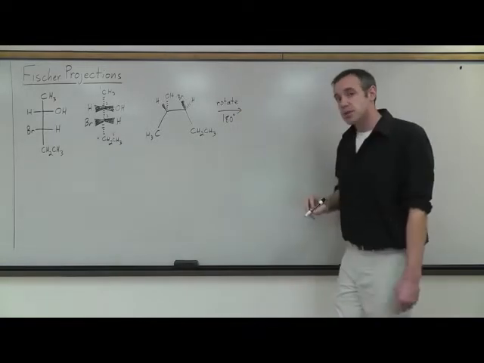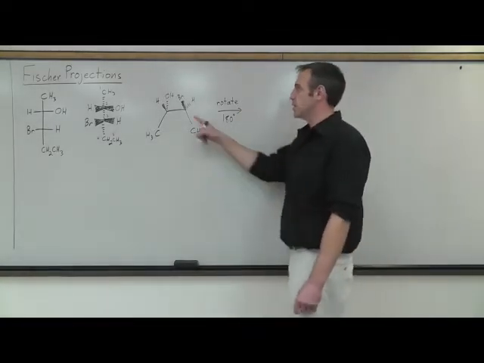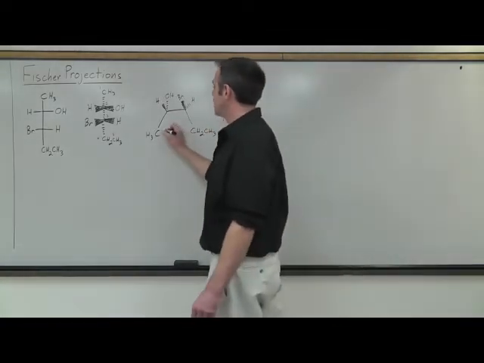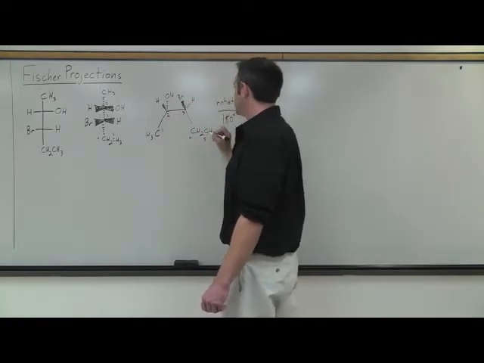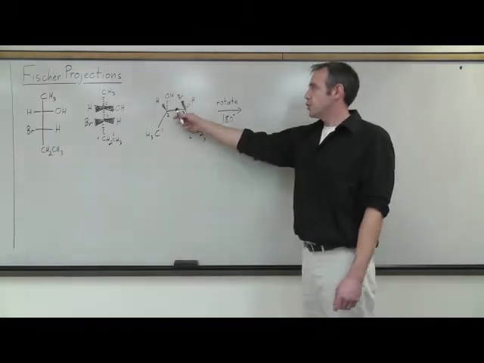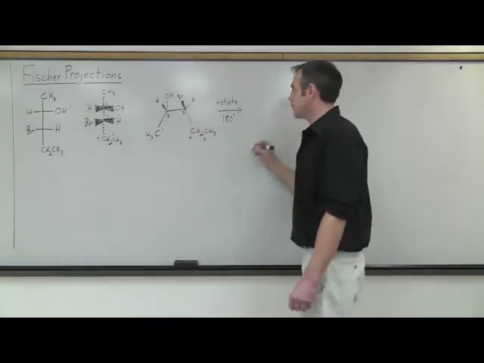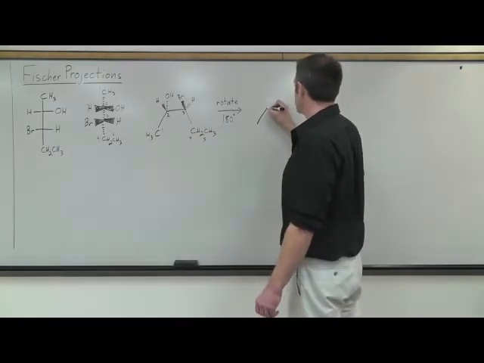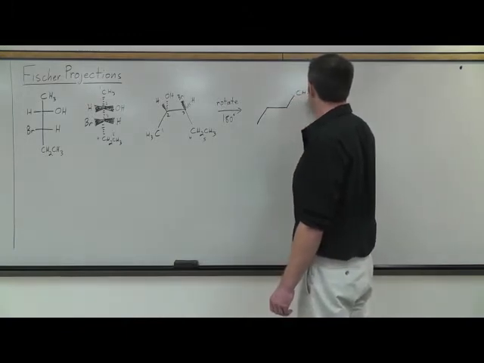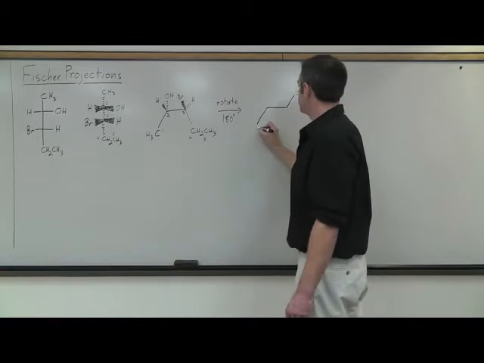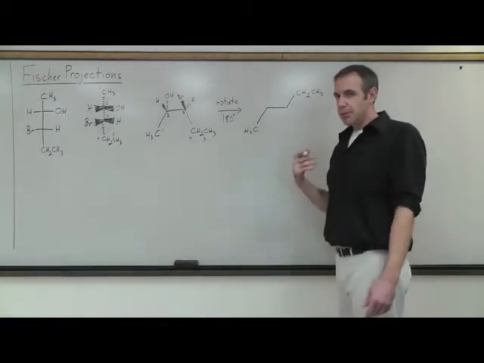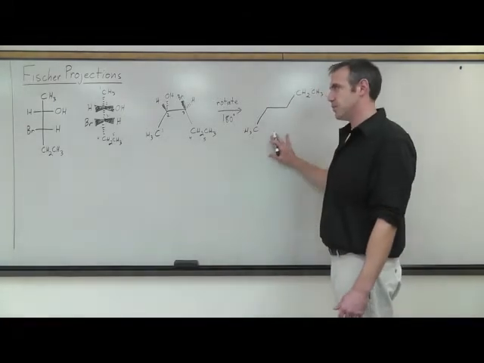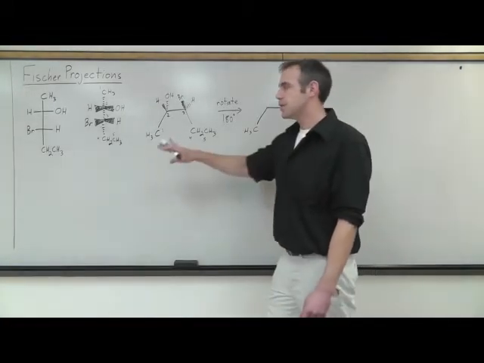If we rotate this structure 180 degrees along this carbon 2, carbon 3 bond, and so we'll just be rotating along here, it becomes a little more difficult to compare directly this structure, which I'm about to draw, to the Fischer projection.